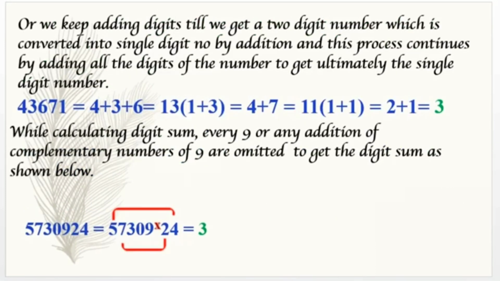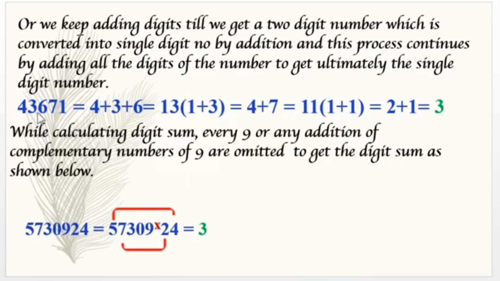There is another method to do this. We keep adding digits till we get a 2-digit number, which is converted into a single digit number by addition, and this process continues by adding all the digits of the number to get ultimately the single digit number. For example, we take the small number 43671.